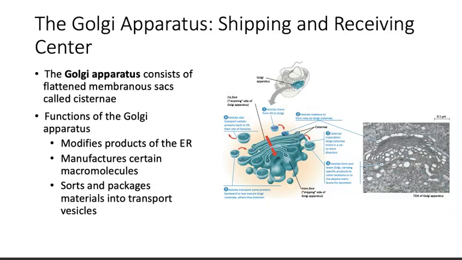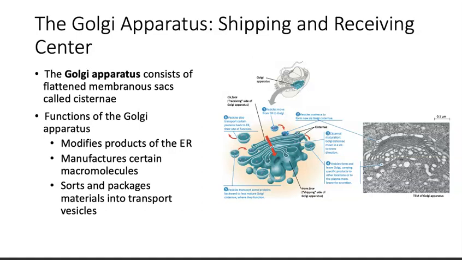The Golgi apparatus is also a membrane-bound organelle that's a series of flat sacs, and those sacs are called cisternae. The function of the Golgi is to take products from the endoplasmic reticula, both the smooth and the rough, and modify them, so that they're working how they're supposed to work.